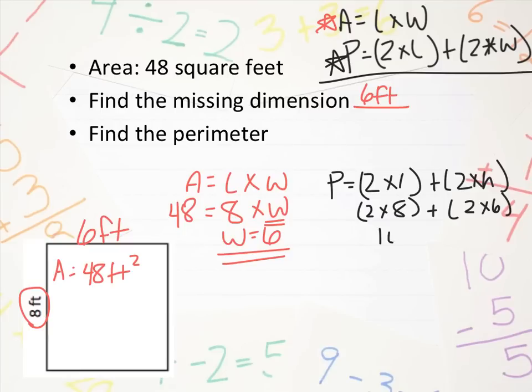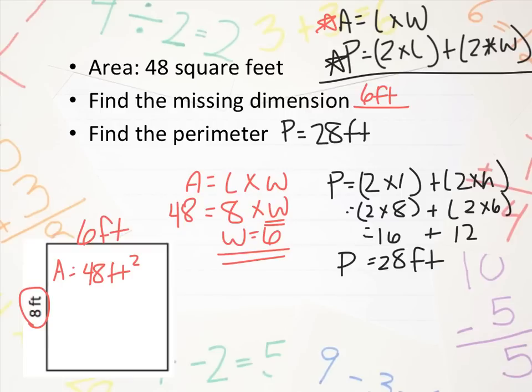I know that 2 times 8 is 16, and I know that 2 times 6 is 12. So to add 16 and 12, I get 28, telling me that my perimeter is 28. Since my measurements were in feet, I'm going to label it for feet, and the perimeter is 28 feet.